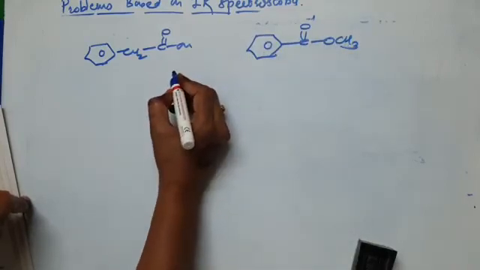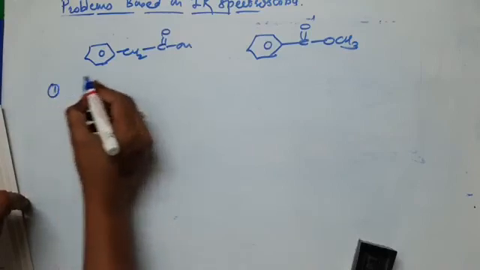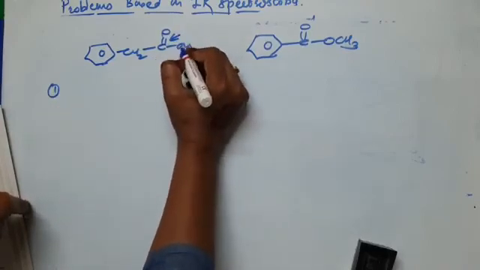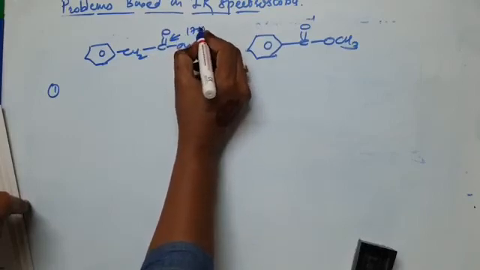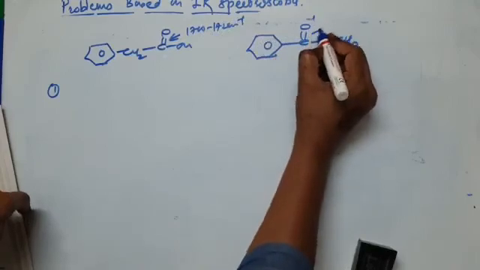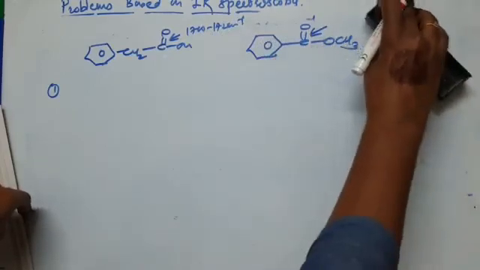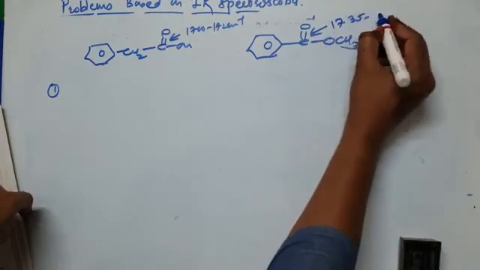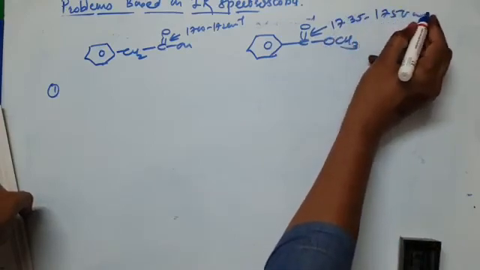Now we can distinguish them by IR. First, both show the carbonyl stretching frequency, but the carbonyl of a carboxylic acid appears at 1700 to 1725 centimeter inverse, while the carbonyl of esters appears at a somewhat higher frequency, 1735 to 1750 centimeter inverse.